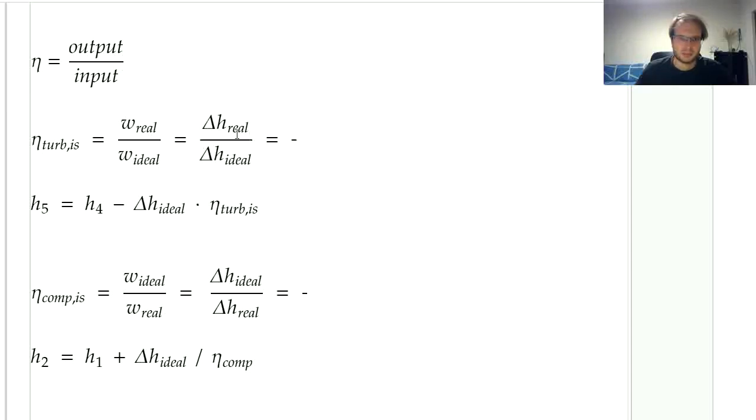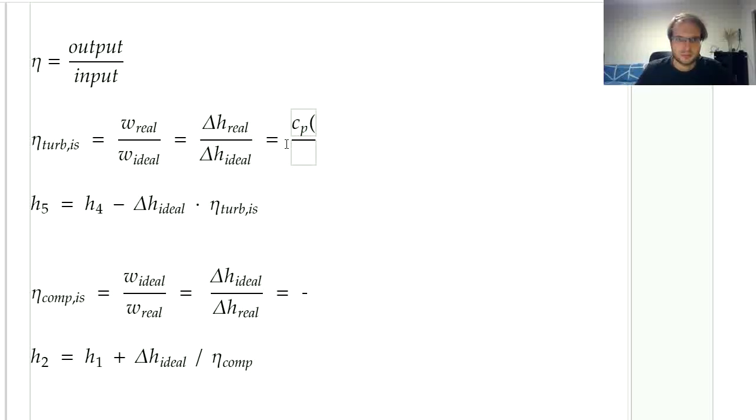In terms of enthalpies, it was the enthalpy difference of real expansion in ratio to the enthalpy difference of ideal expansion. Now we can write this in this example with an ideal or even perfect gas also in terms of temperatures and specific heat capacity.